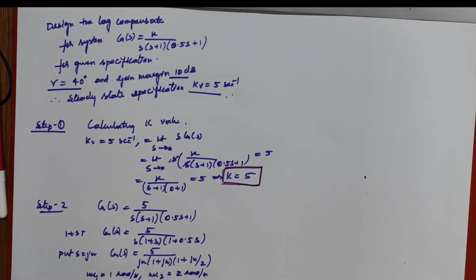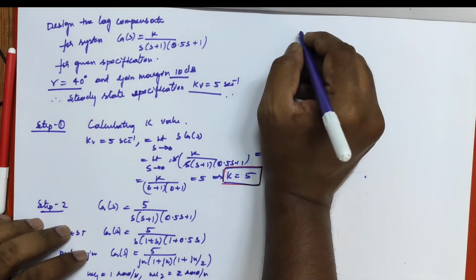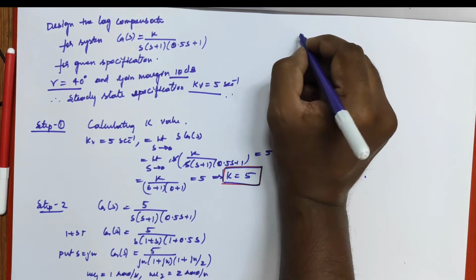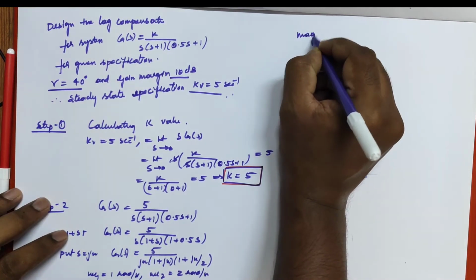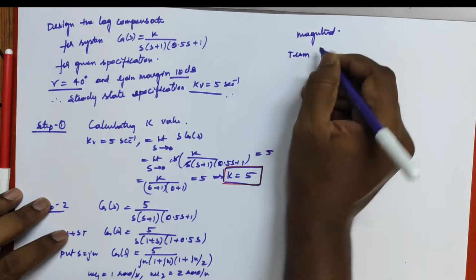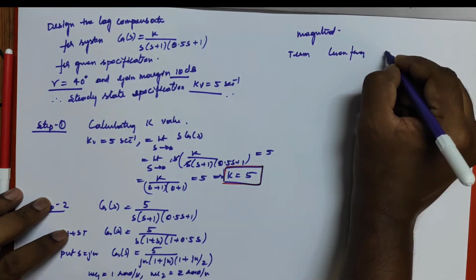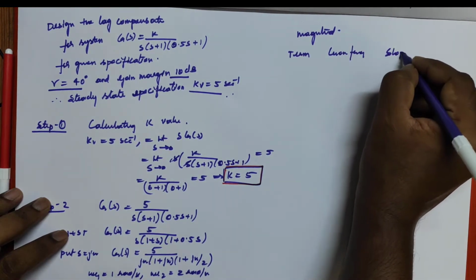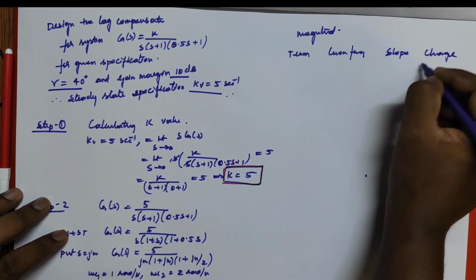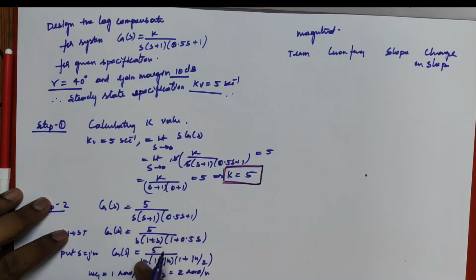Now we have to do the magnitude plot. For the magnitude plot we have a table with the corner frequency, the slope for each independent term, and the change in slope. The first term is 5 by j omega.